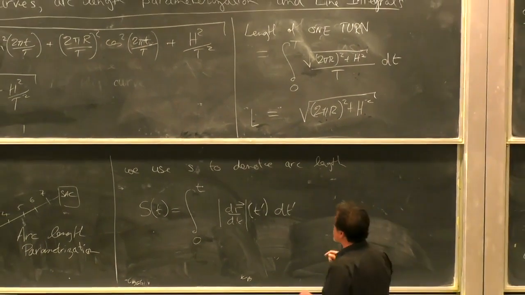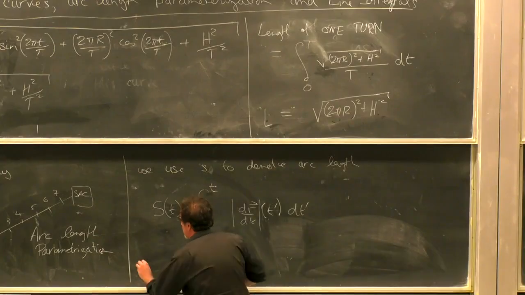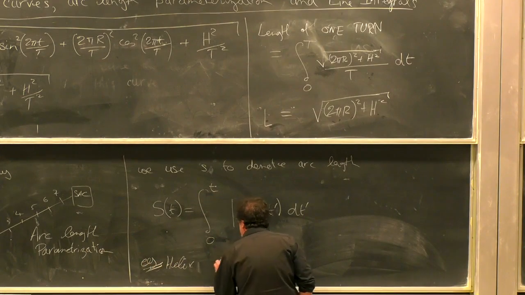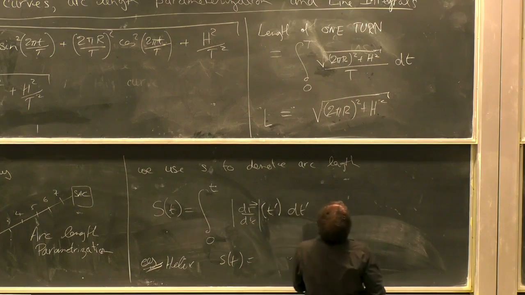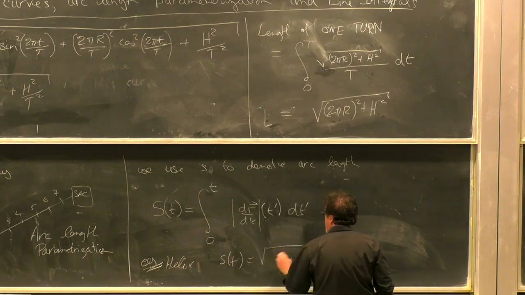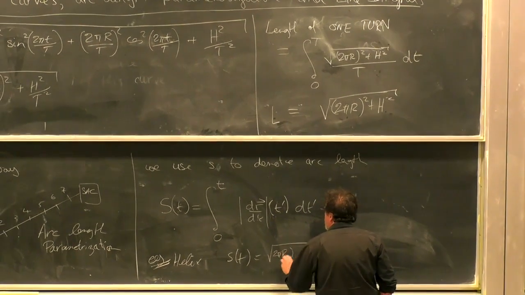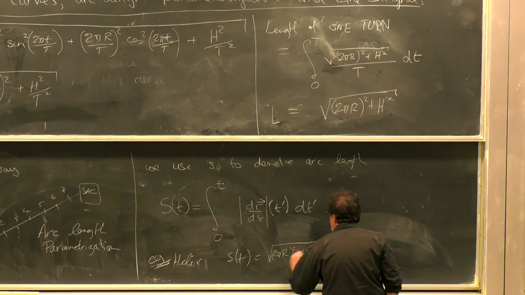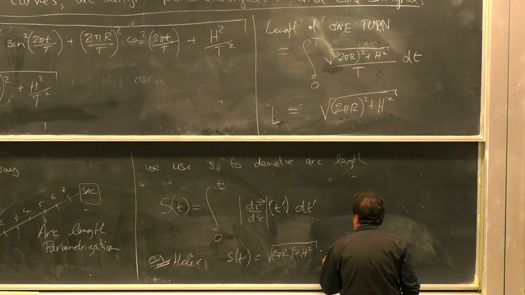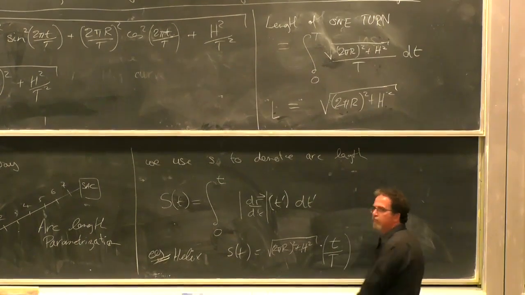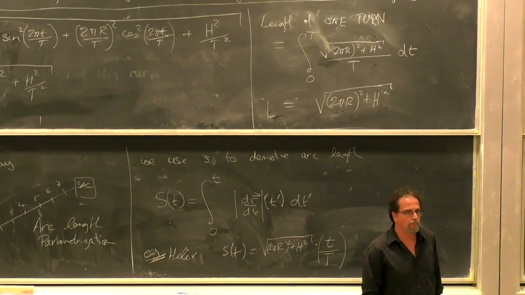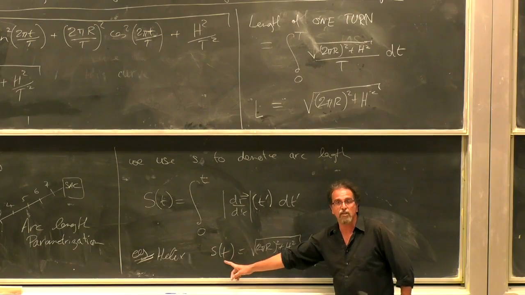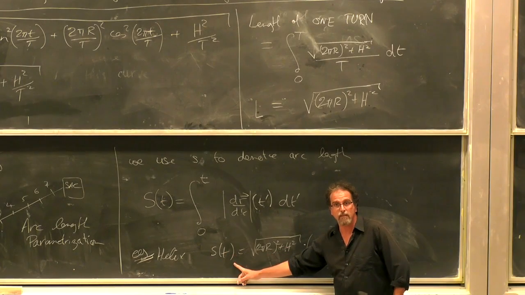So this says for the helix, S of t is equal to this whole length, 2 pi r squared plus h squared, times little t divided by capital T. So this is the amount of distance you've traveled in a time t.